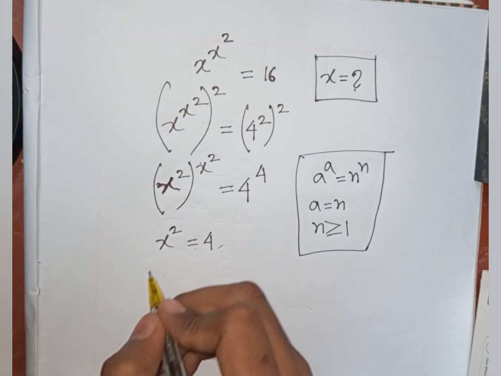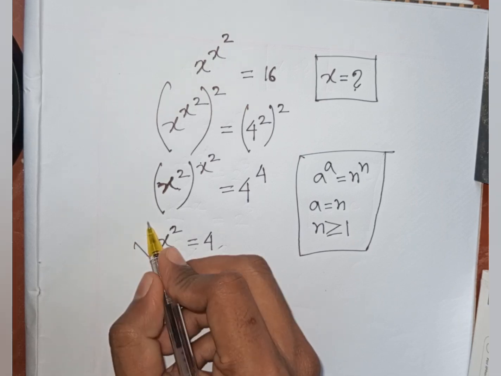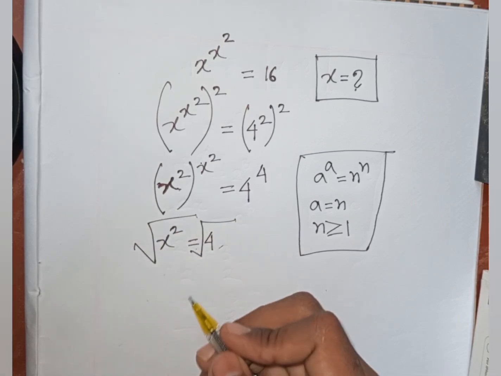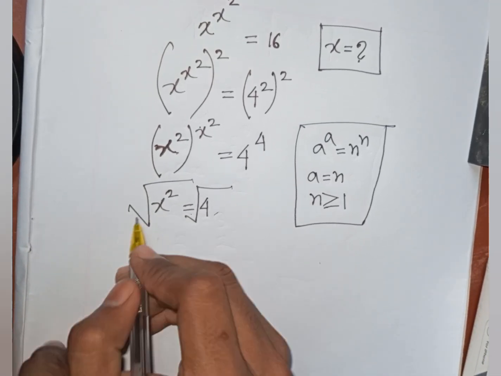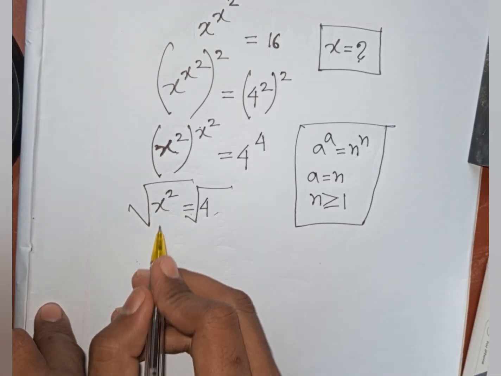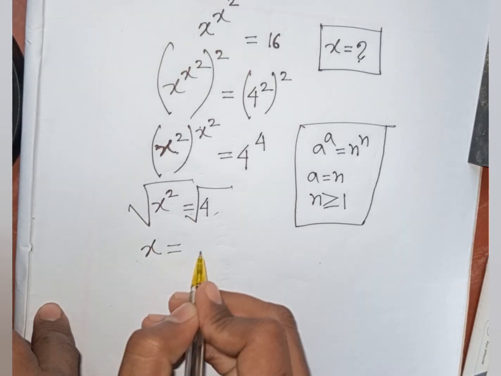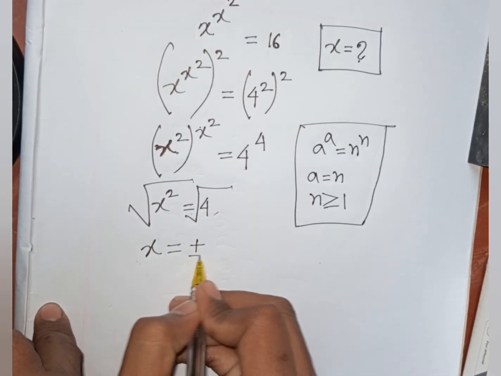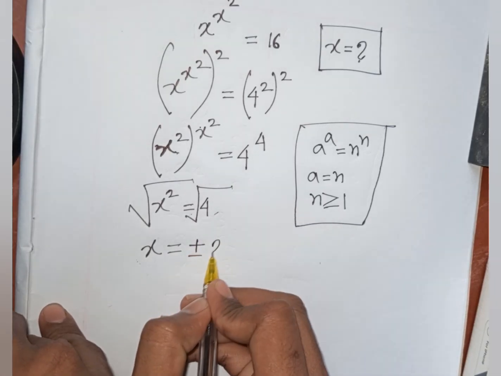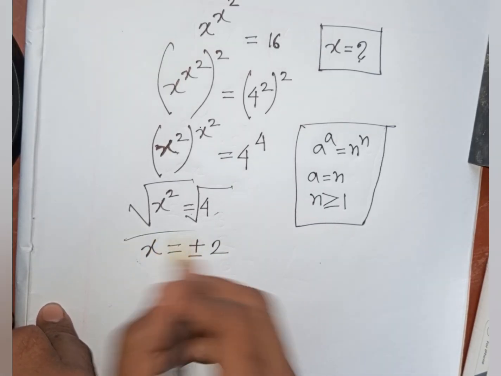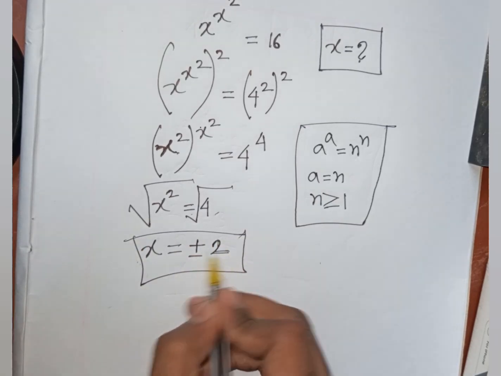Now we need the value of x, so I apply a square root on both sides. So the square root of x^2 is equal to the square root of 4. Now we see this square root and this square will be cancelled. So here x is equal to plus or minus, the square root of 4 is the same as 2. So plus or minus 2, this is the value of x.